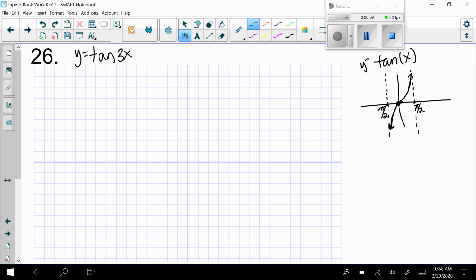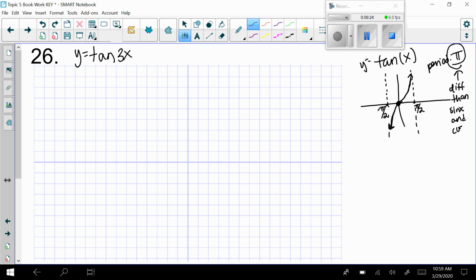So notice that the period of regular old tangent of x is pi, right? Because there's half a pi here and half a pi here, so it takes pi to get through a whole cycle. That's different than sine and cosine, right? Because sine and cosine takes 2 pi to get through a period, and this only takes pi.